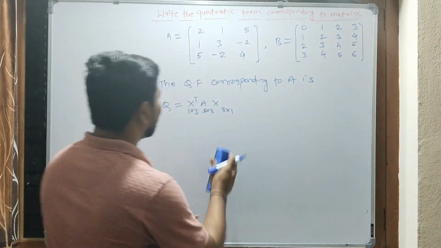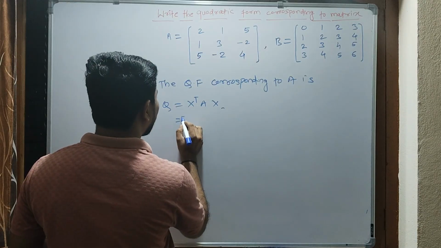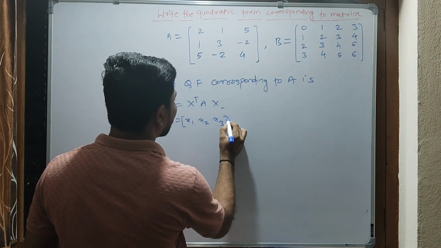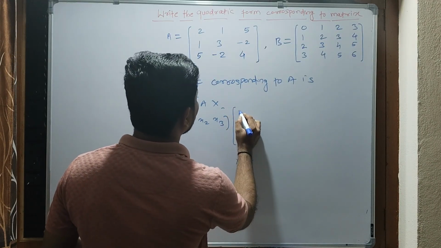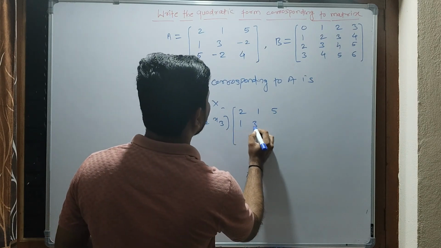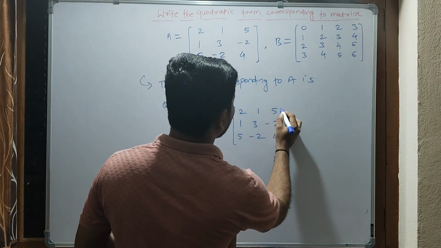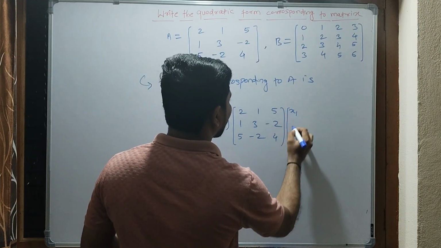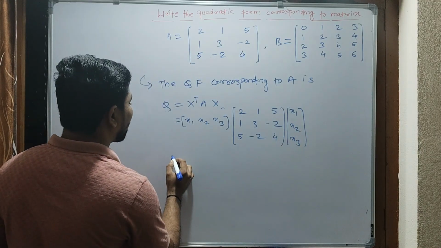So x transpose is equal to x1, x2 and x3. A is a matrix of order 3 cross 3, that is given: 2 1 5, 1 3 minus 2, 5 minus 2 4, and x is the column vector x1, x2 and x3. Now it is just matrix multiplication.